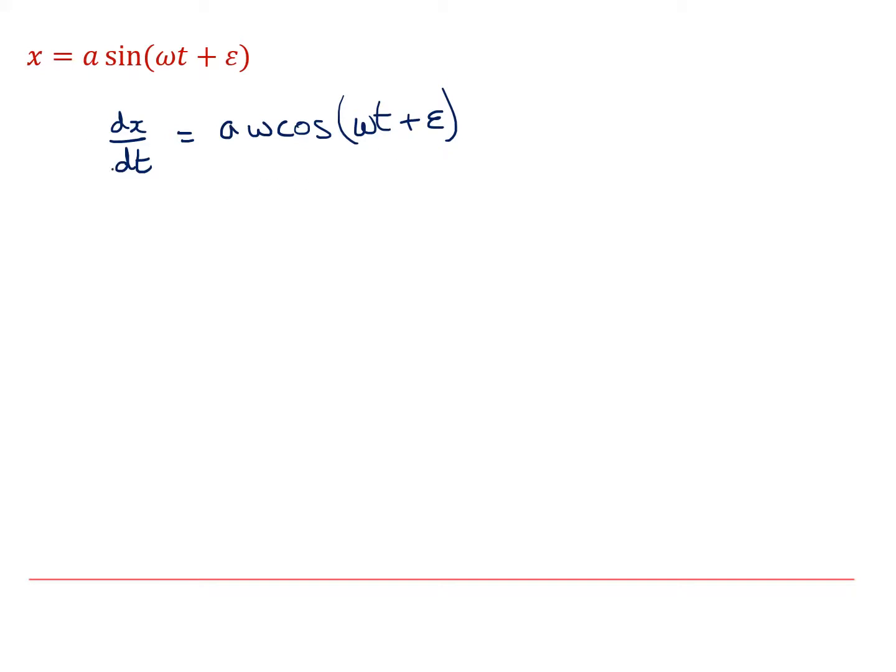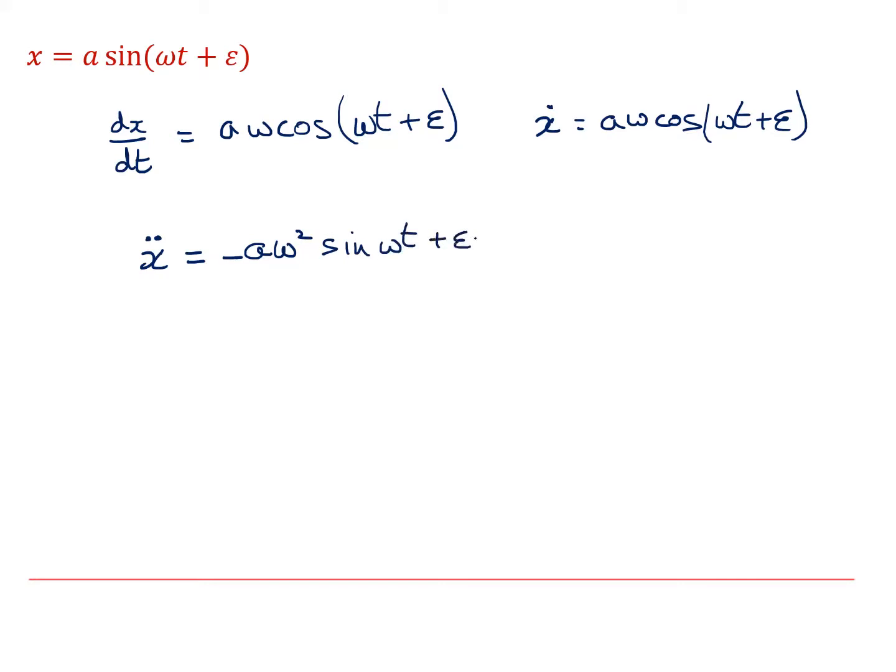And in fact, we've seen that we can use a dotted notation for derivatives with respect to time. So I'm actually going to write this as x dot is equal to a omega cos omega t plus epsilon. And differentiating that again, when I differentiate cos, remember I get minus sine, and I'm going to get an extra omega, so I'm going to get x double dot is equal to minus a omega squared sine omega t plus epsilon.